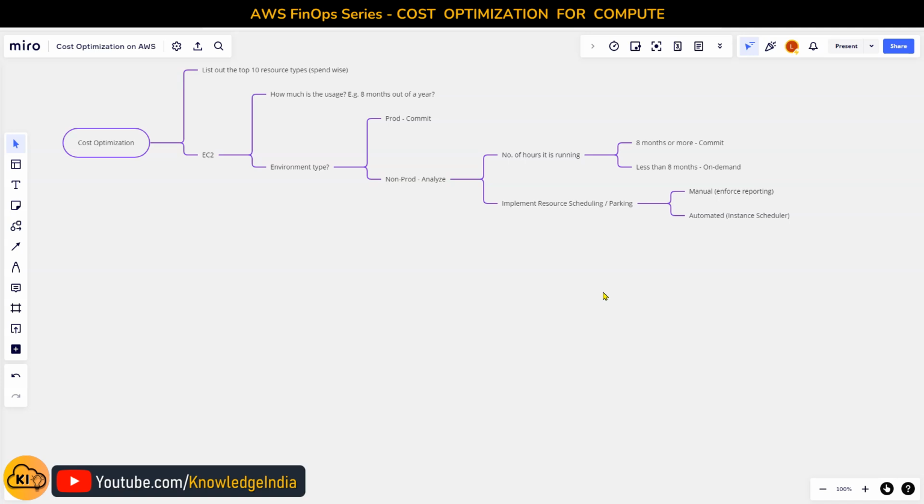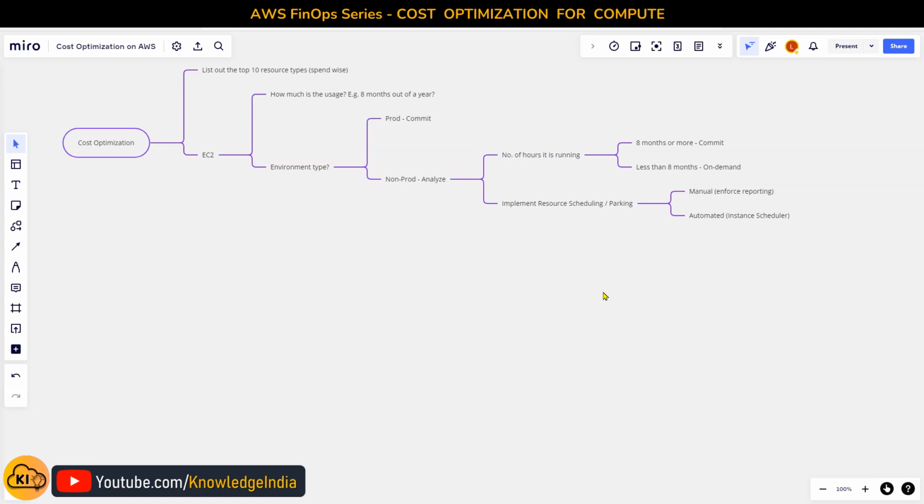So with that, you can go ahead and implement scheduling of resources, and you need to really understand what are those resources which you need to stop. Most of the resources which have got a compute component involved need to be stopped.